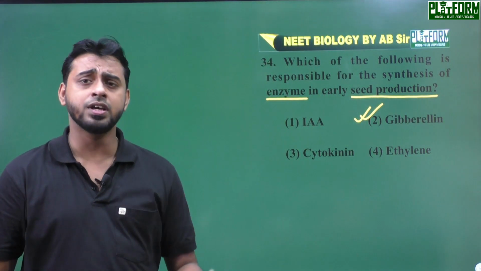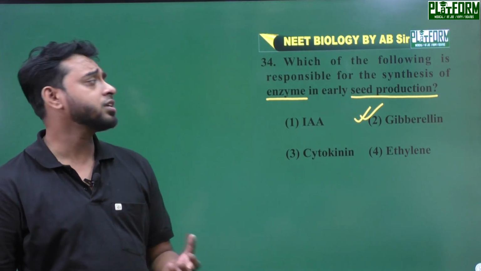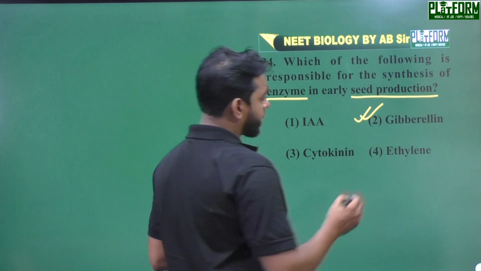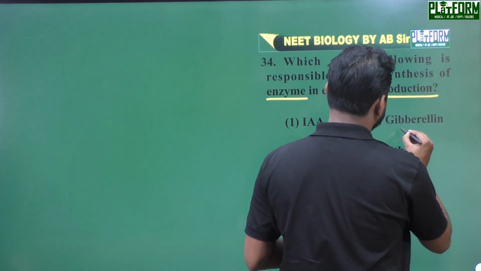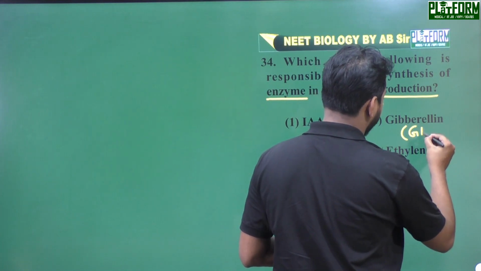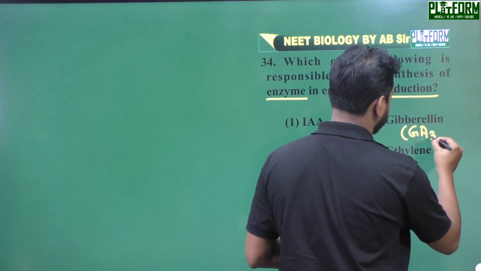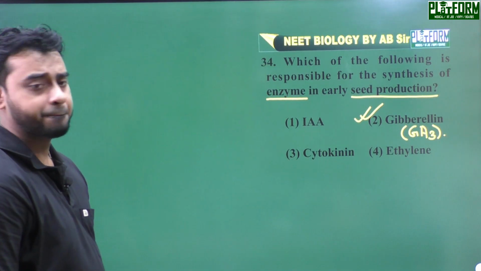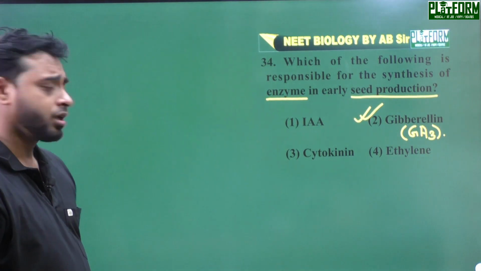Gibberellin is involved in early seed production. This is an informative type of question. That's the most available gibberellin which is used, gibberellic acid 3. This is GA3.